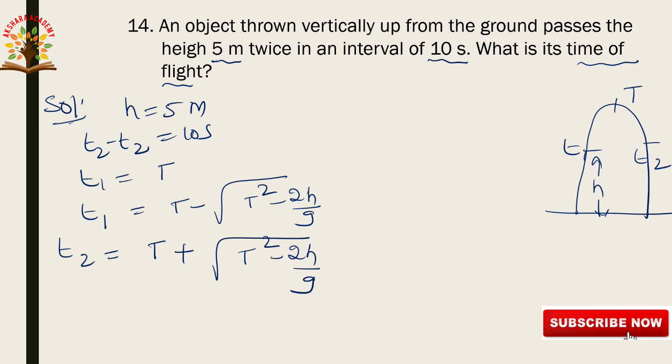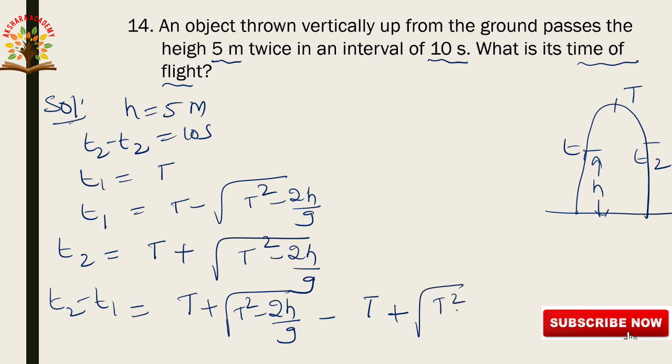So now we are calculating t2 minus t1, which is t plus square root of t square minus 2h by g, minus t minus square root of t square minus 2h by g.